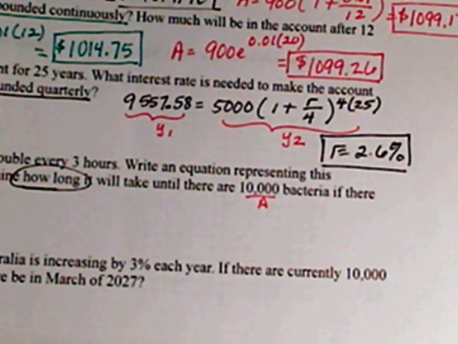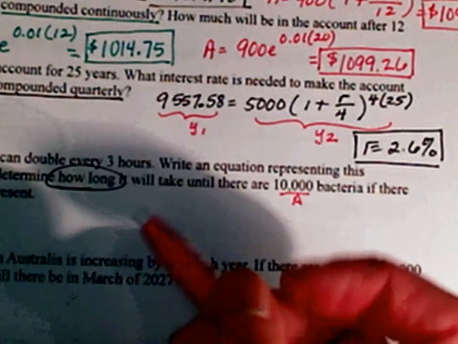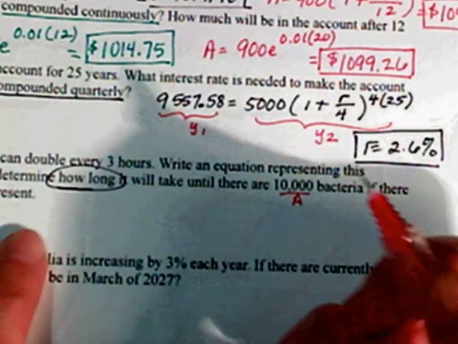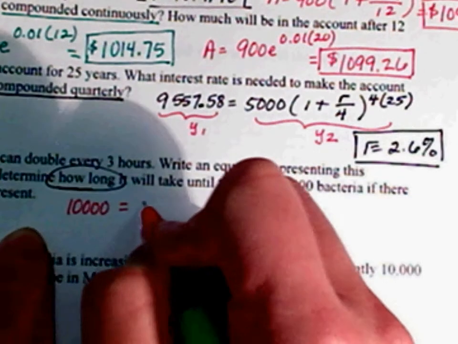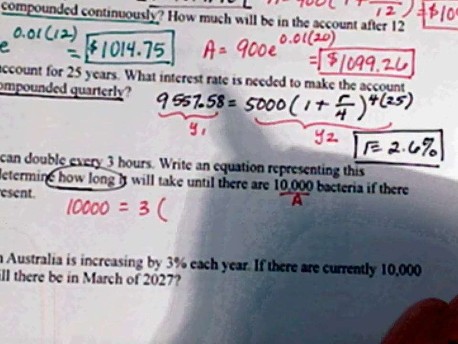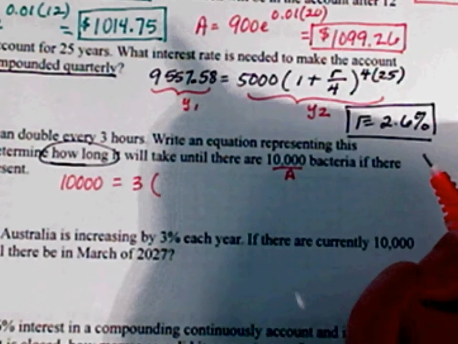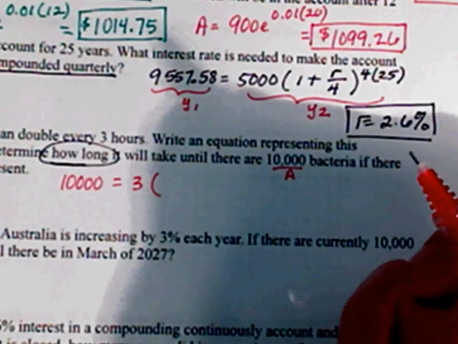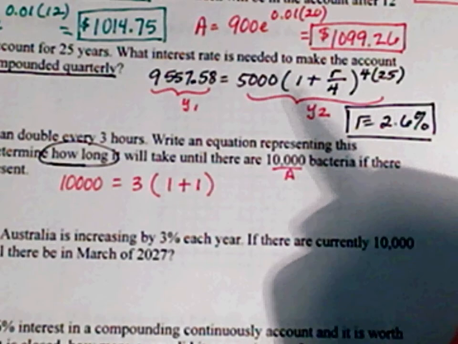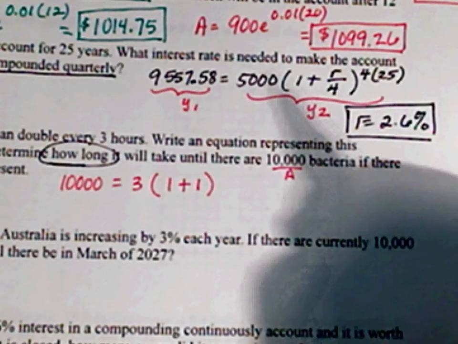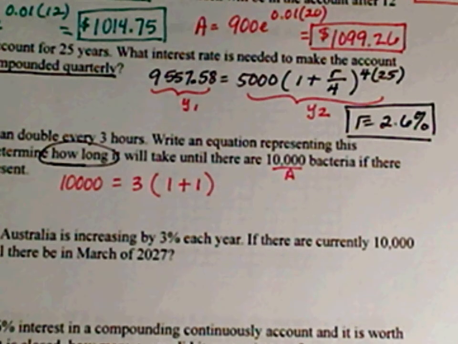So a certain type of bacteria can double every 3 hours. Write an equation to represent this information. We are looking for something specific. So you got 10,000 equals, I started off with 3. If I'm doubling, what is your rate? 1 plus 1. Everyone see that? Okay? It's doubling. Let me see.